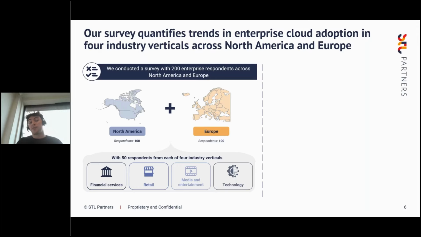They may want to explore something a little bit more varied and distributed than hyperscaler compute. CIOs at the organizations responsible for decisions on infrastructure might need to become a bit more cloud smart rather than cloud first. We had an even distribution of respondents from the 4 industry verticals, which were financial services, retail, media and entertainment, and technology.